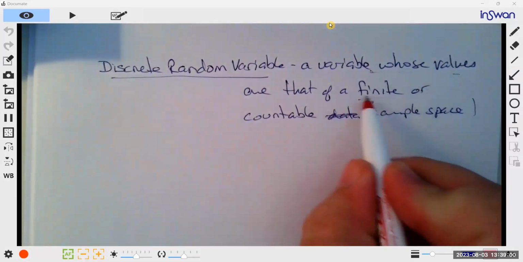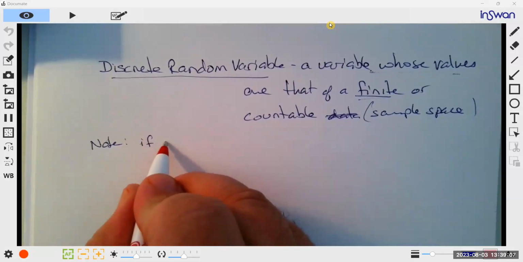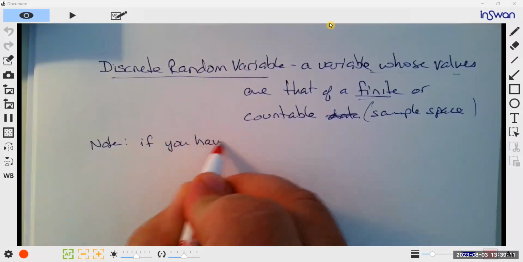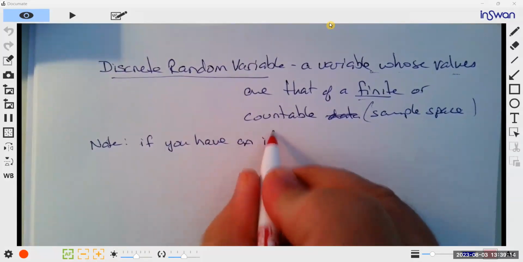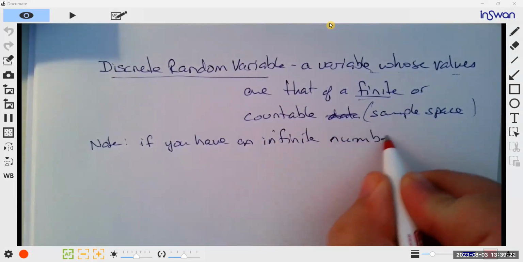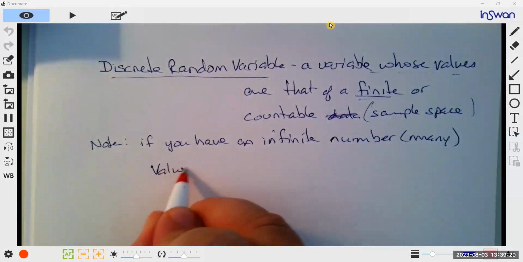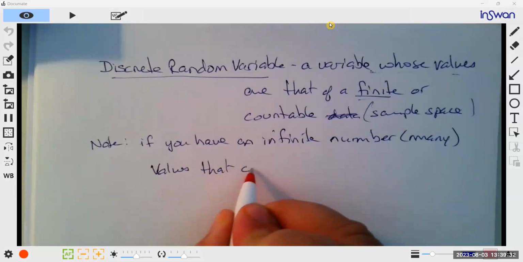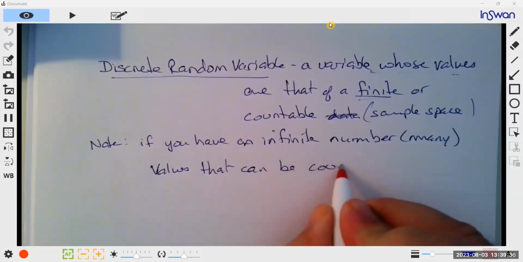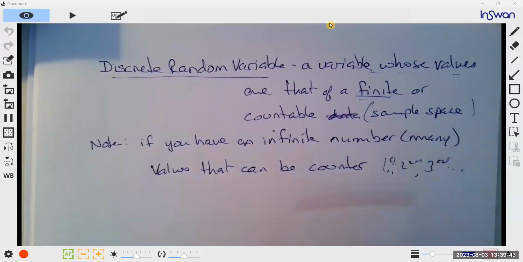Okay, now it says finite. If you have an infinite number or infinitely many values that can be counted, or the first, second, third, and so on and so forth, then that infinite one is discrete.